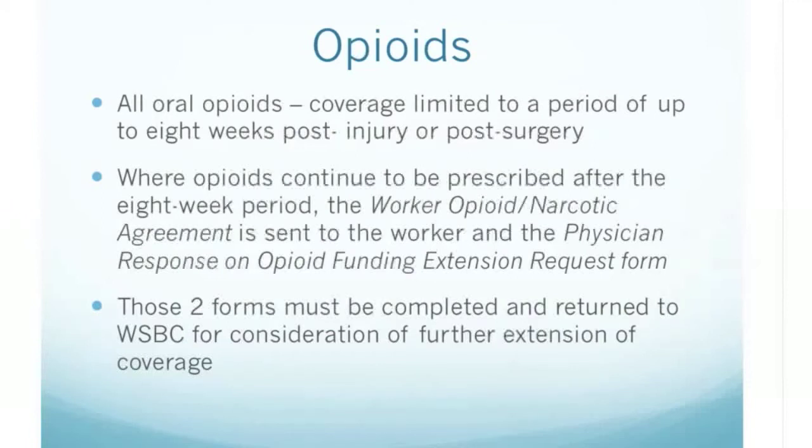And after the 8-week period, if opioids continue to be prescribed, then a letter will be sent to the worker with a worker opioid narcotic agreement. It's like an agreement that you would sign with your physicians when they prescribe opioids for you.